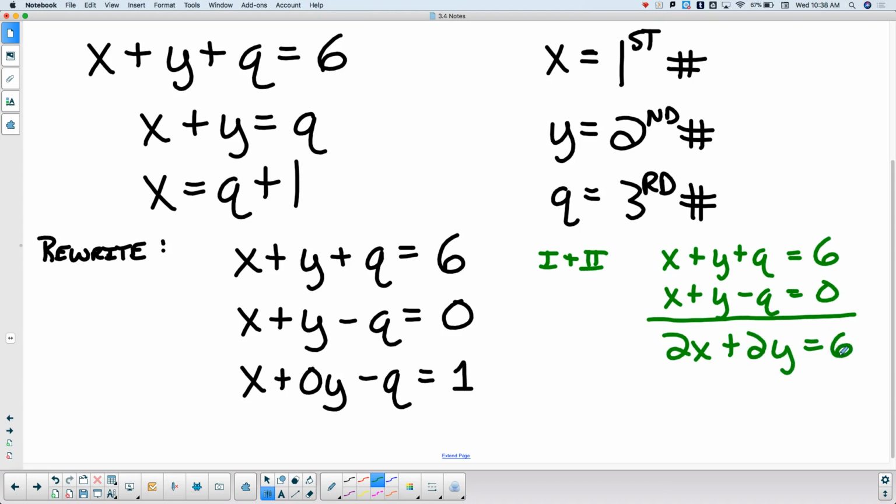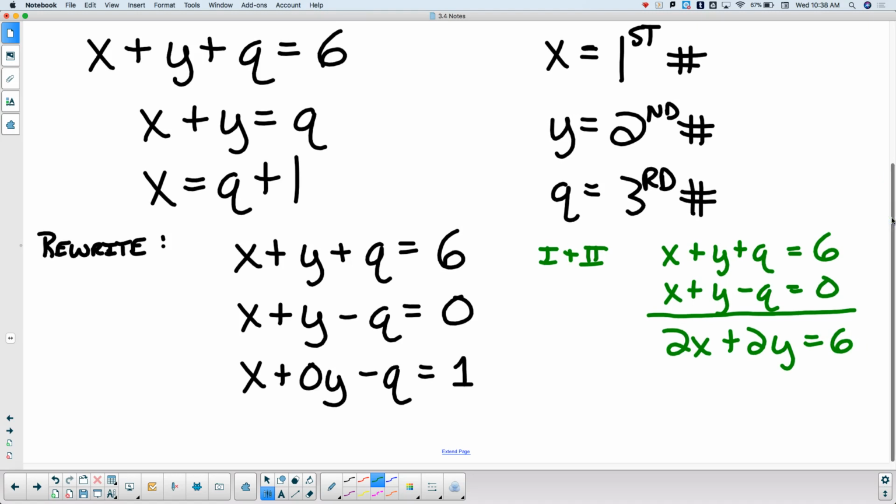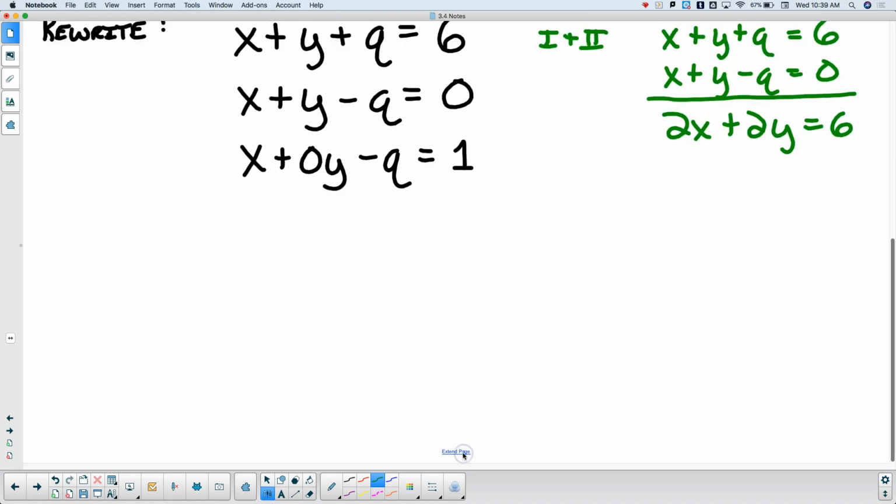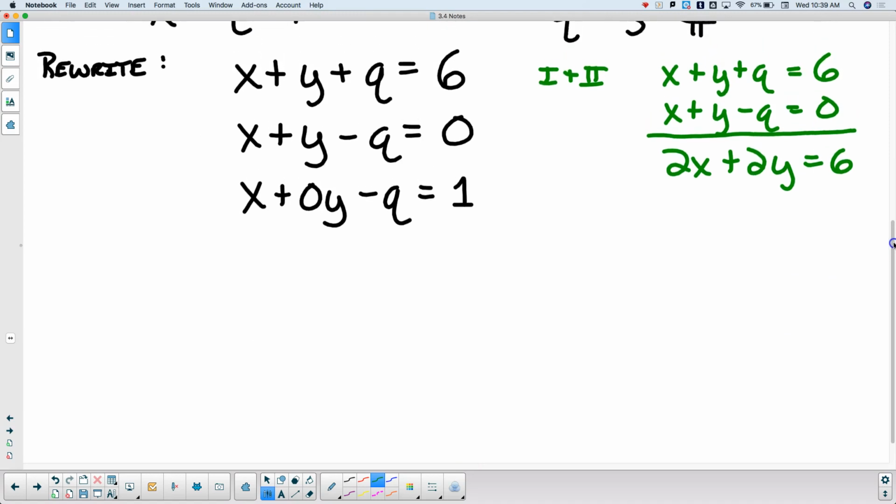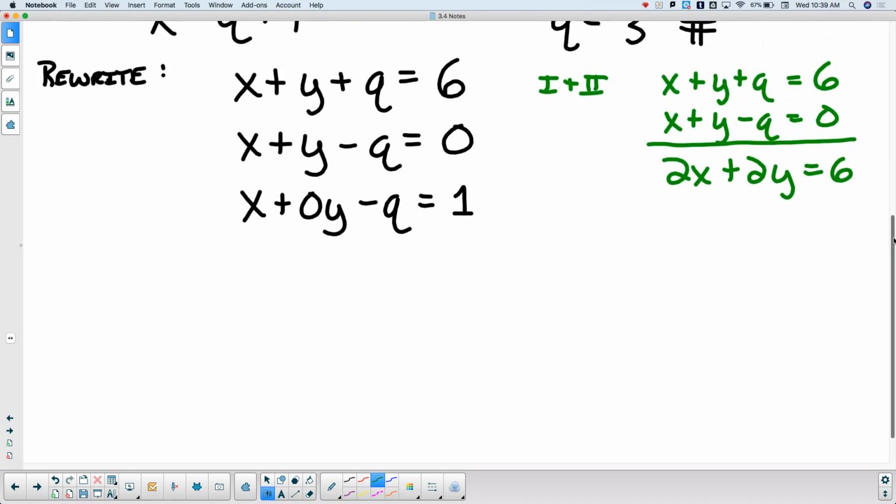Two x plus 2y is 6. And then I would go 1 plus 3. And that's going to be x plus y plus q is 6. And x minus q is 1.